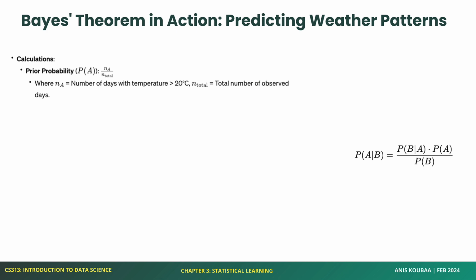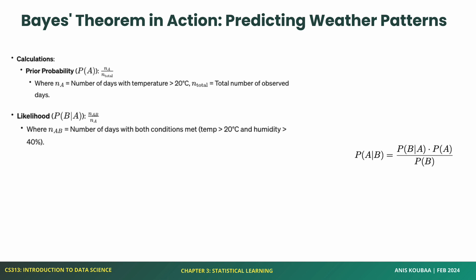But at the end, from a computation perspective, as you already mentioned, I'm going to calculate the prior probability, NA, the number of the event A, the temperature greater than a value, divided by N total, all the temperatures. That will give me the probability based on this data set, on the sample. Okay?